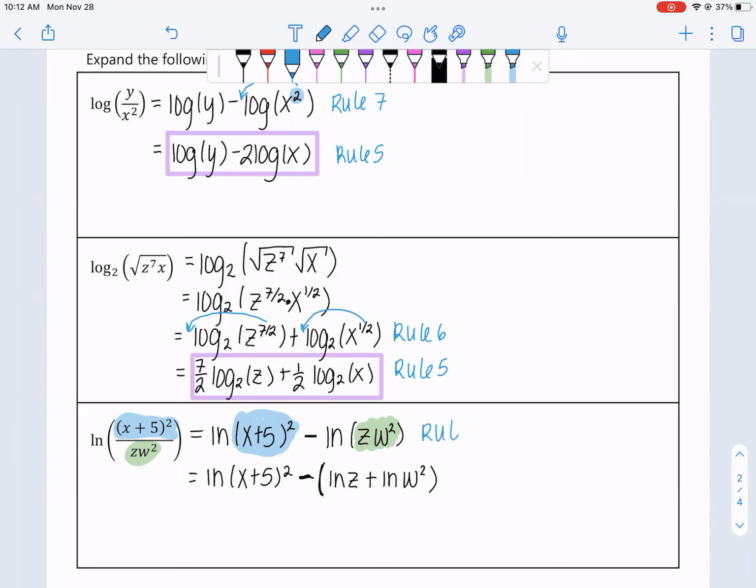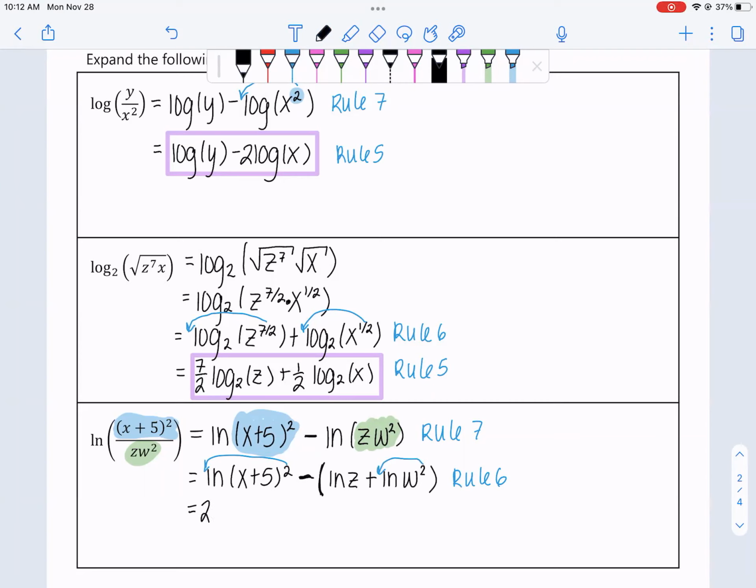So here we used rule 7. Here we used rule 6. And then I'm going to do a few steps. I'm going to take the exponents and move them down in front.